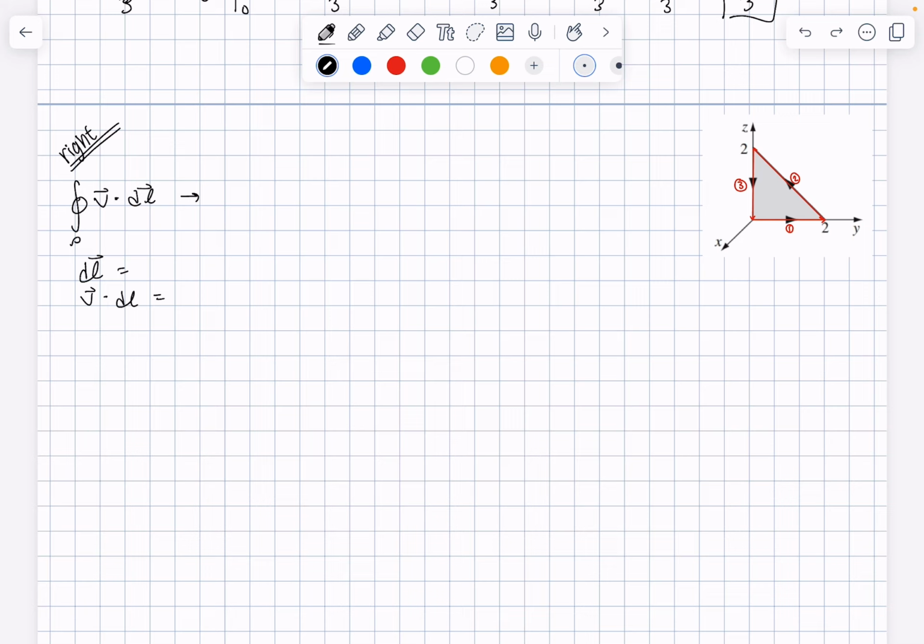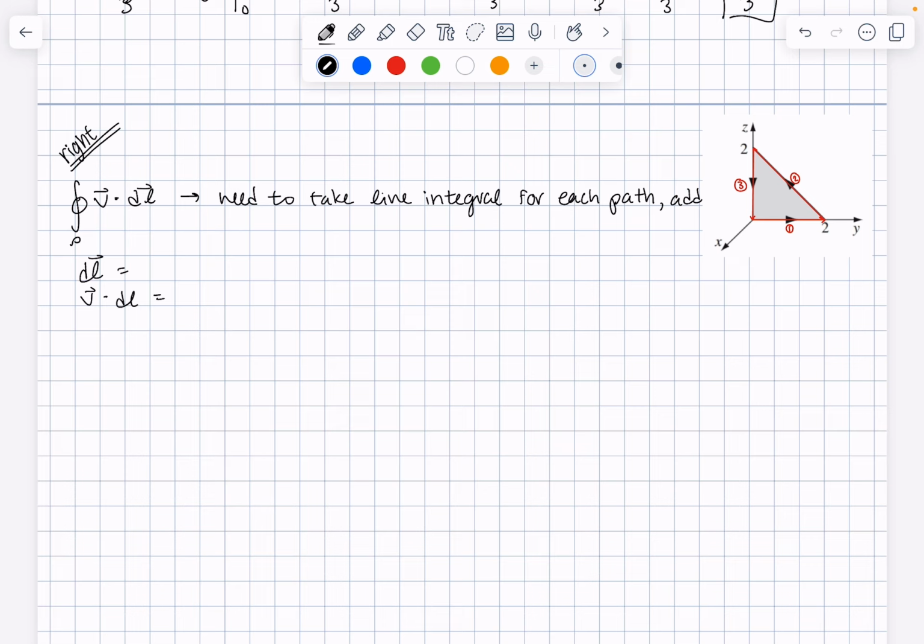But first, actually I'm going to write that out. And we'll want to add up all of those path integrals, those line integrals, to get our final answer.